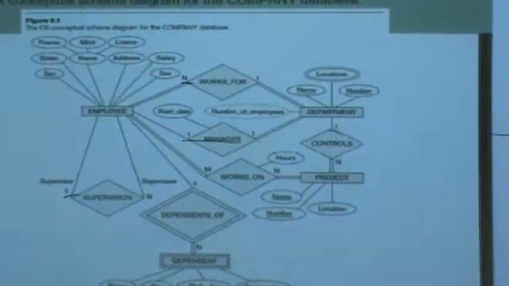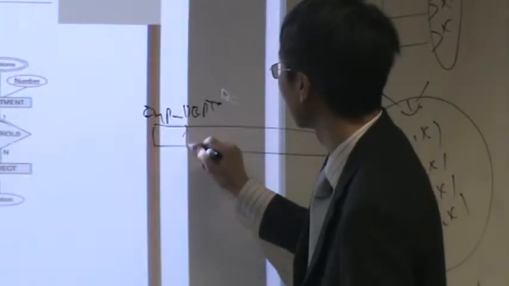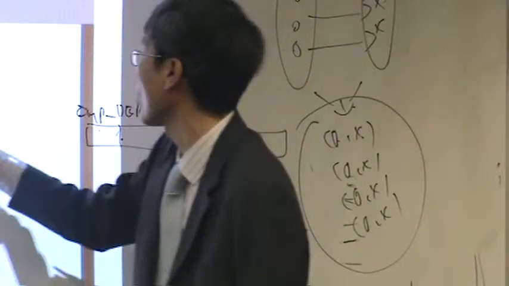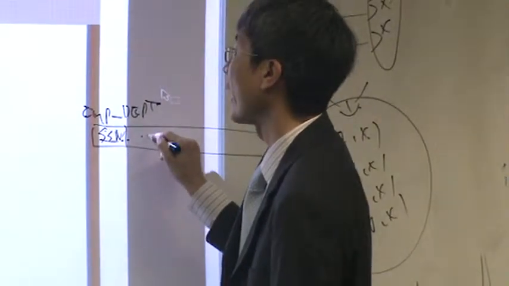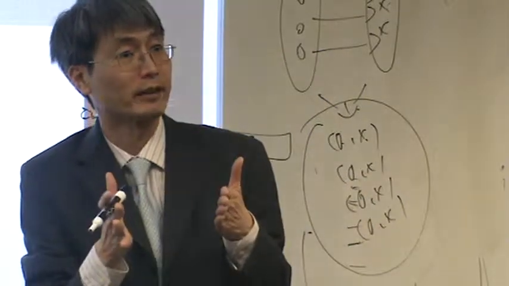For example, if we have the employee and department, then we can have an employee_department relationship. Then we can select either SSN or D number or D name as the key. Then add all attributes because it's a one-to-one mapping.